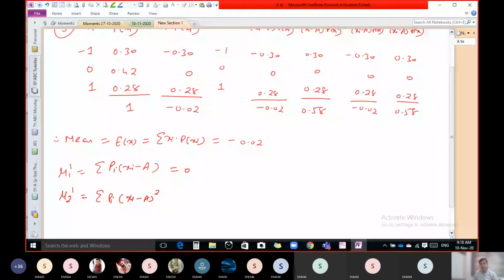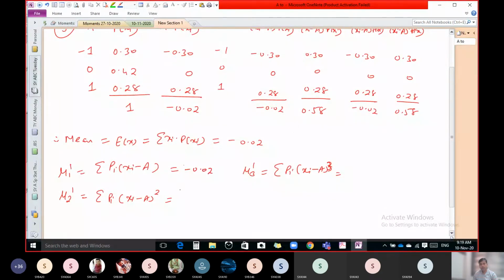Mu3 dash is sigma probability into xi minus a cube. Mu1 dash, I'm sorry, mu1 dash is not 0 here, it is minus 0.02.